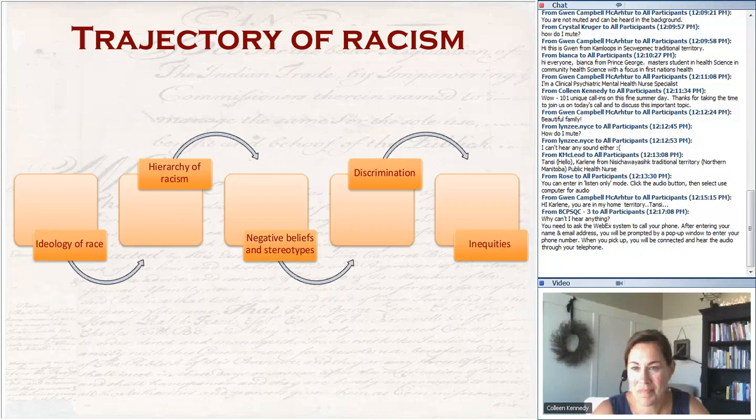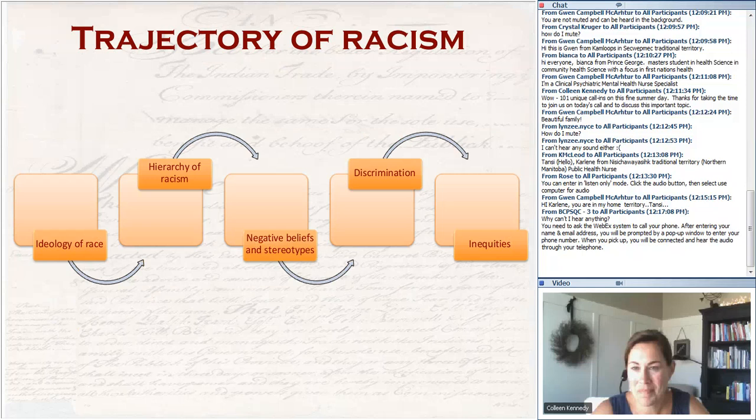this trajectory, I've tried, over the years, to think about how racism creates these inequalities, right? And so this is really just my attempt to do that. First of all, we have what we call an ideology of race.